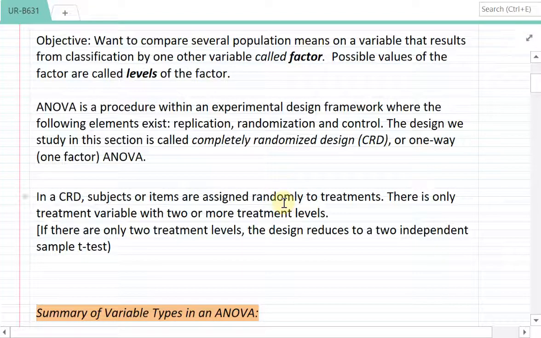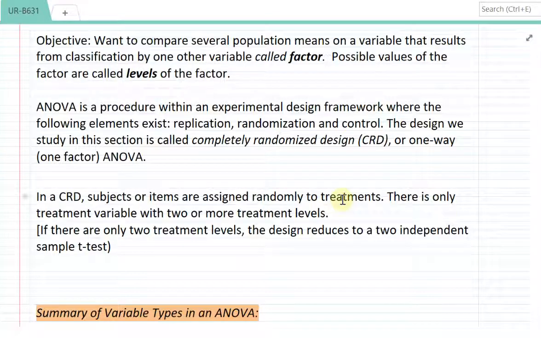So what is a completely randomized design? Very simple. In the case of a completely randomized design, subjects or objects, items, or whatever we have, are assigned randomly to treatments. Now the word treatment here, remember, treatment is a variable. The reason it's called a treatment is because Sir Ronald Fisher was actually an agronomist, and he worked in the field of agriculture.